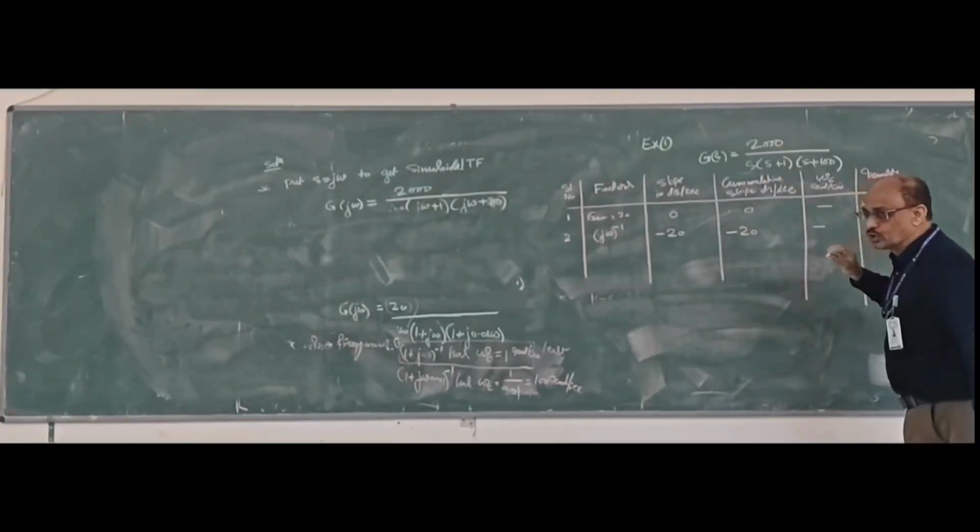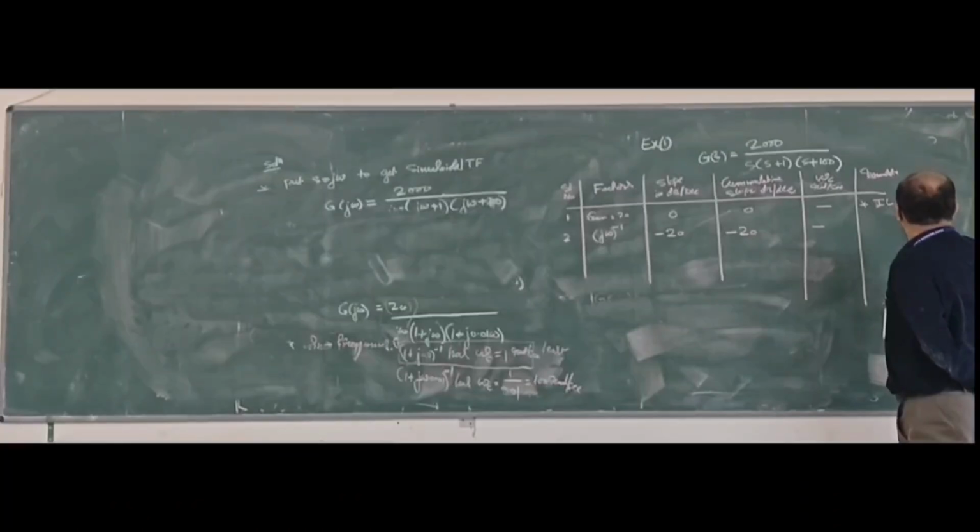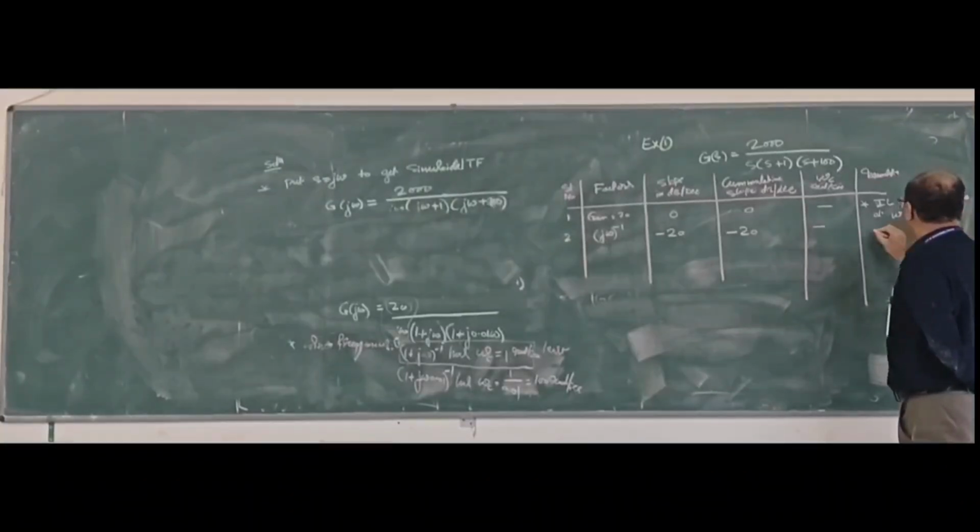In the remarks, you can take that the initial line crosses the 0 dB line at omega equal to 20 radians per second, and the initial line has G of j omega equal to 46 dB at omega equal to 0.1 radians per second.